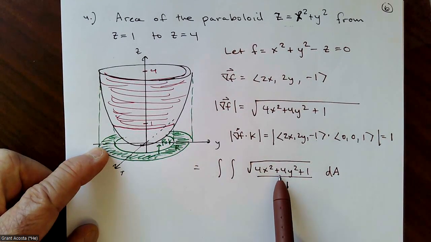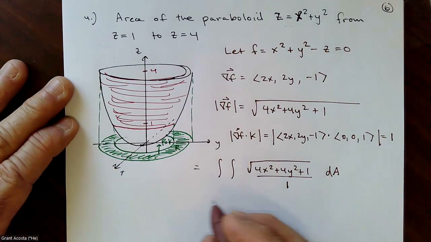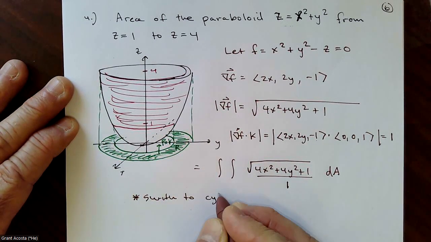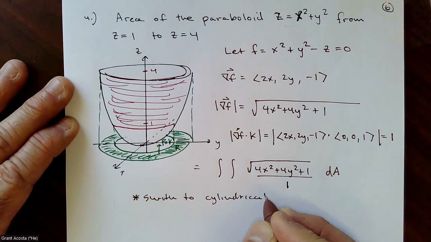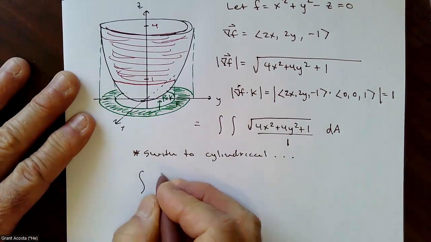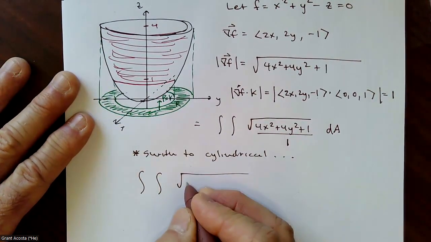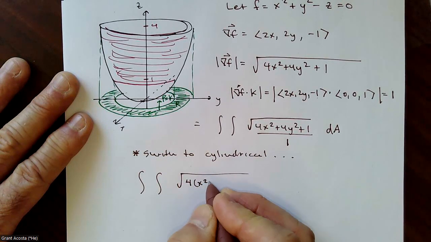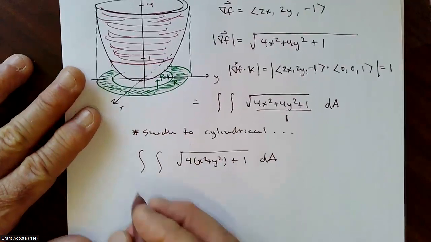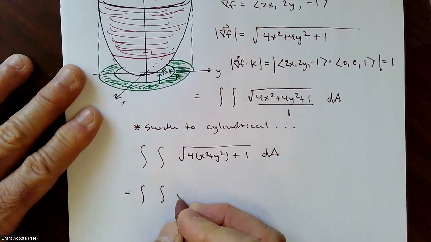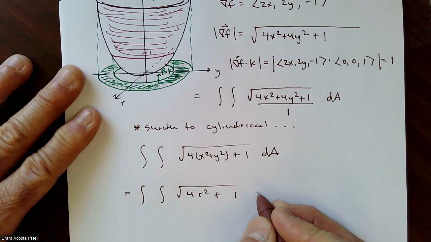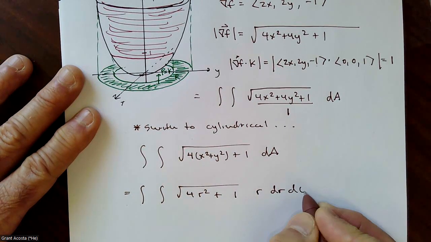So that suggests I should switch to cylindrical coordinates. So I can think of this as 4 times the quantity x squared plus y squared, plus 1, which is 4r squared plus 1. If I'm going to switch to cylindrical, then I have r dr d theta.